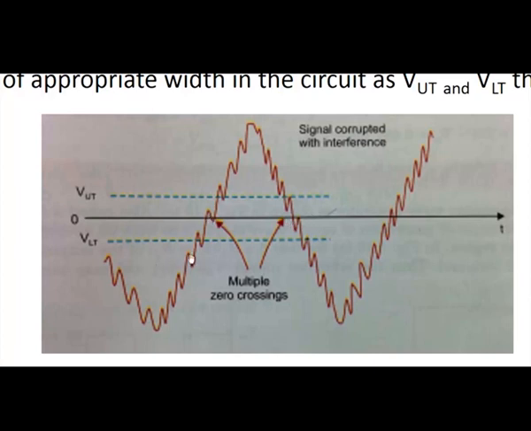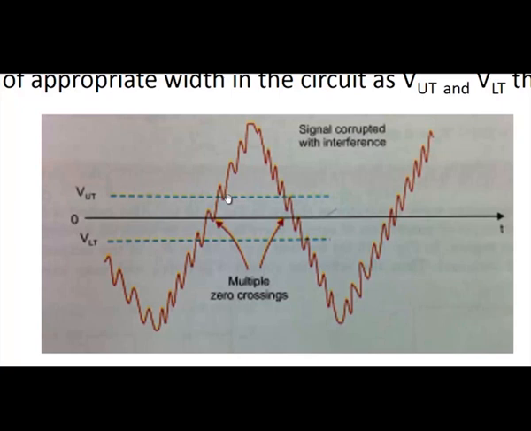If the signal is given to the regenerative comparator, because of the upper threshold and lower threshold voltage, or because of the hysteresis, you will have transitions only when the input signal intersects the lower threshold voltage and the upper threshold voltage. Whenever the input signal crosses the lower threshold or upper threshold voltage, only then does the output get transited. This is the advantage of the regenerative comparator.